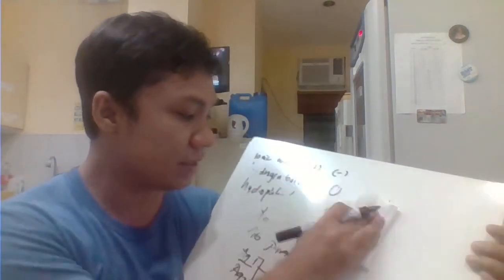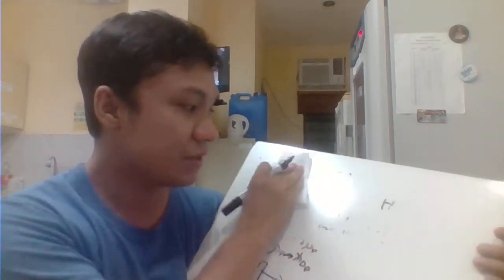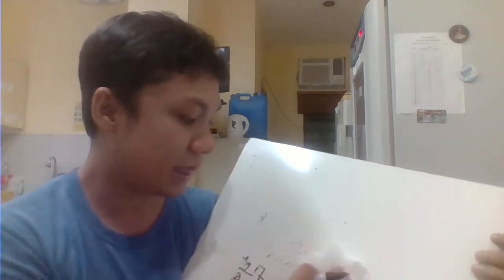Okay, the next one, we have here your two-dimensional passive immunodiffusion. Still again, it is passive because you are not applying electricity for that. Okay, so this is your Ouchterlony double immunodiffusion.